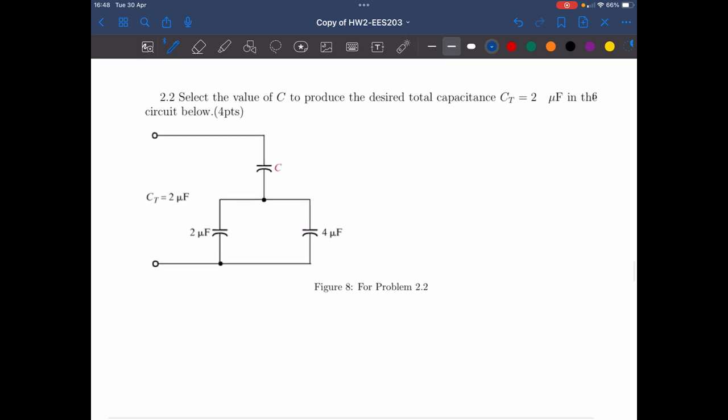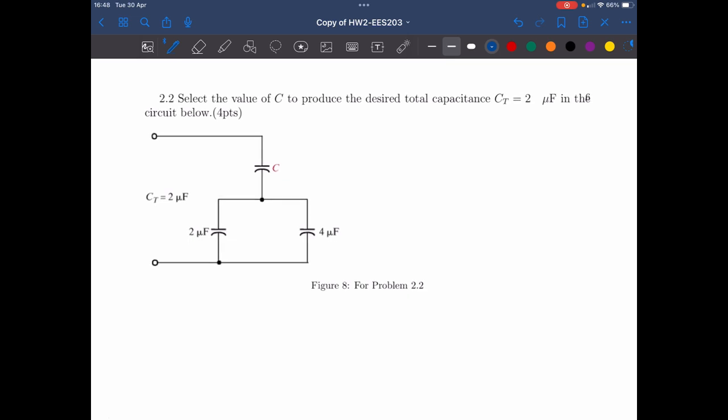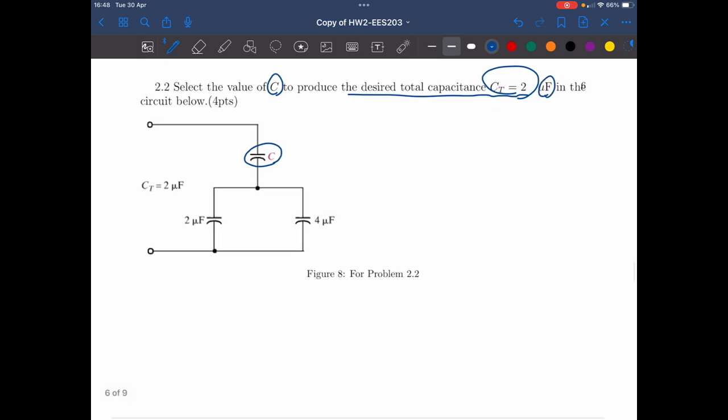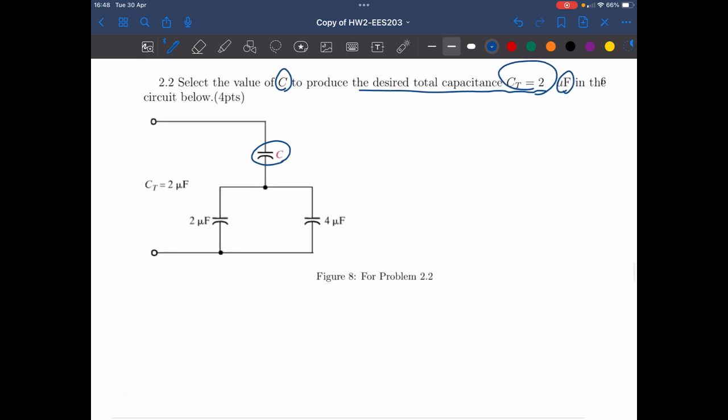Now in this question 2.2, we want to find the value of the capacitor in this location so that it could produce the desired capacitance, which is equal to 2 microfarad in this circuit. The first step here, we need to combine and resolve the equivalent capacitance. So let's start with this here.